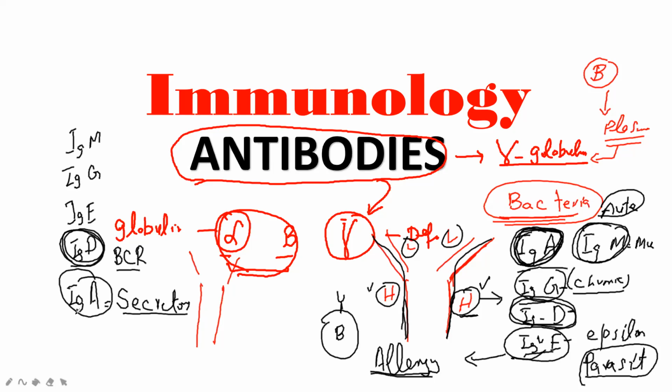So where is IgA? In the GIT mucosa, oral cavity mucosa, reproductive tract mucosa, and respiratory tract mucosa. So IgA is on mucosal surfaces. Clear or not?